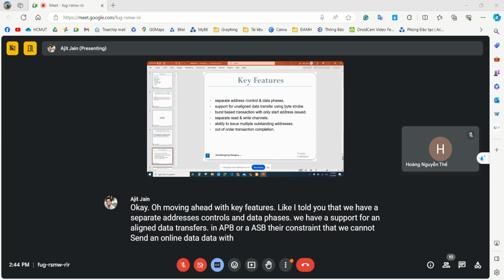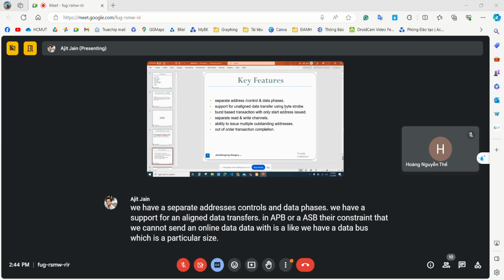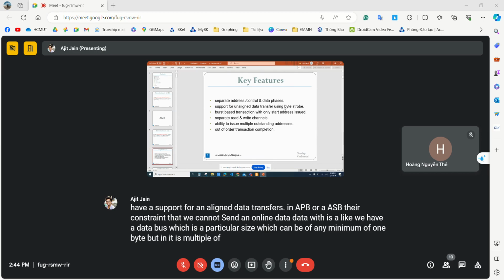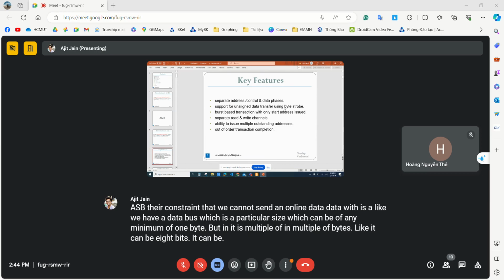We have a data bus of a particular size, a minimum of 1 byte but in multiples of bytes, like 8 bits, 16 bits, 32 bits, so powers of two.